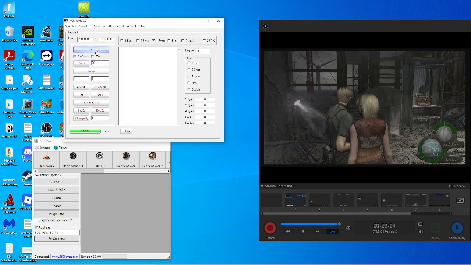Oh, first off, I got to hit init or initialize. And that is actually very quick if you have an XDK with an Ethernet cable. If you are on a regular RGH console, this is going to take a lot longer, and even more longer if you're not using Ethernet.